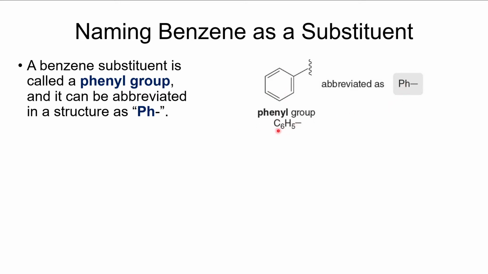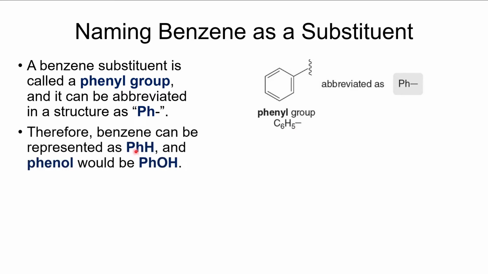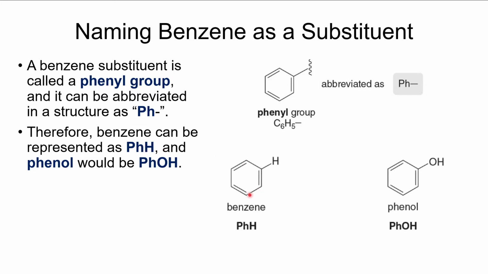So either the phenyl or the C6H5- would be sufficient. All right. That Ph, we can use that in other contexts. So anytime we have a benzene ring and we're trying to do shorthand, we can put the Ph in place of the phenyl group, which is the C6H5, and then whatever's attached. So Ph and then uppercase H, we can represent that as benzene. And if we want to represent phenol, we could do Ph-OH, and that is another way that we represent it. It's a shorthand way of representing phenol.